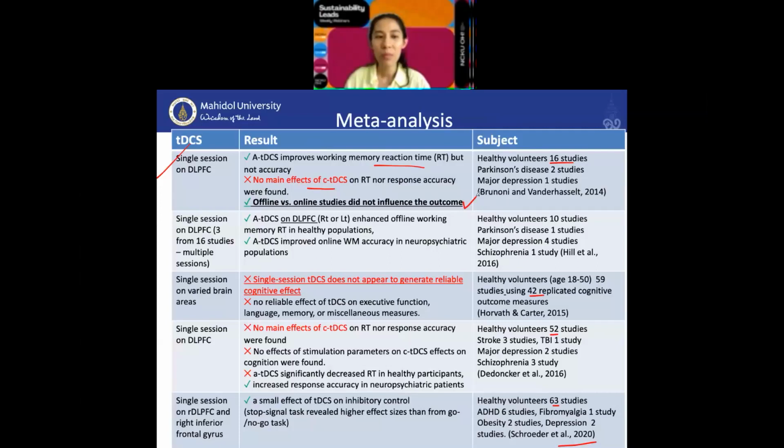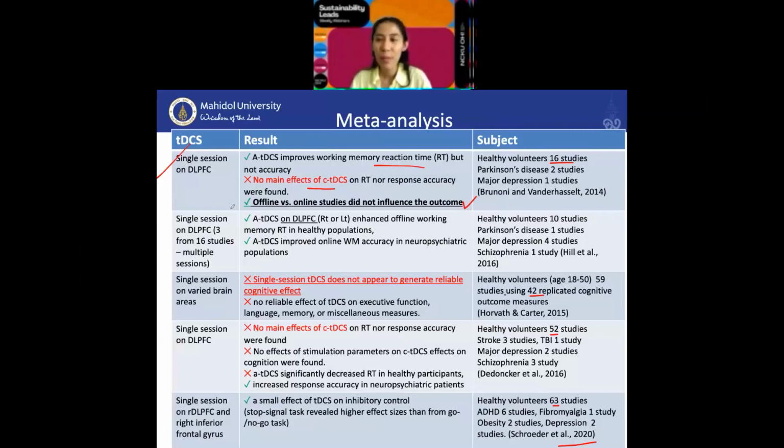Personally, when I work with stroke patients, the outcome is not different either. It depends on your convenience, and it saves time if you apply them together. But in the clinic, for example, lower limb exercise might not be easy to do during stimulation. But online or offline did not influence the outcome.